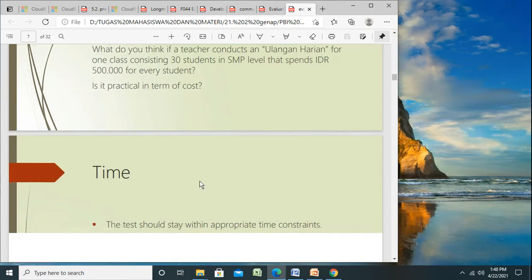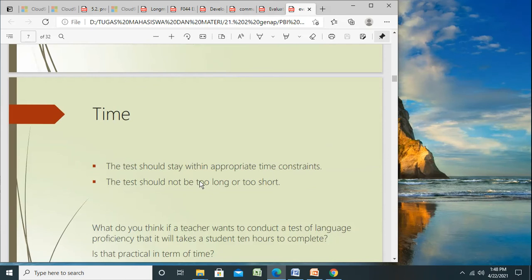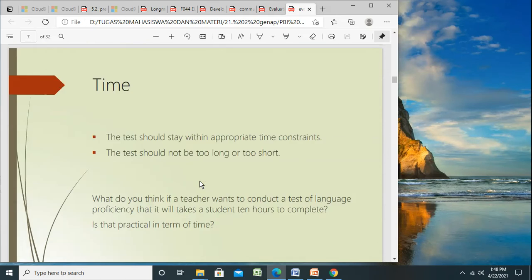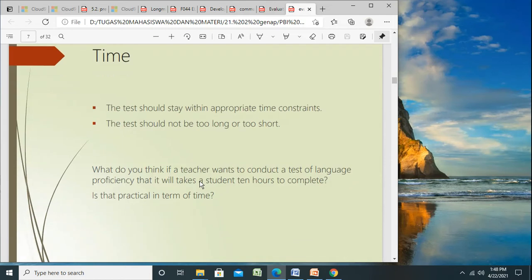Okay, and about the time, the test should stay within appropriate time constraints. The test should not be too long or too short. So you have to consider the time used to test your students. It's not too short and it's not too long, based on the number of test items. For example, if the number of items is 100, you have to make a long test, but not too long.